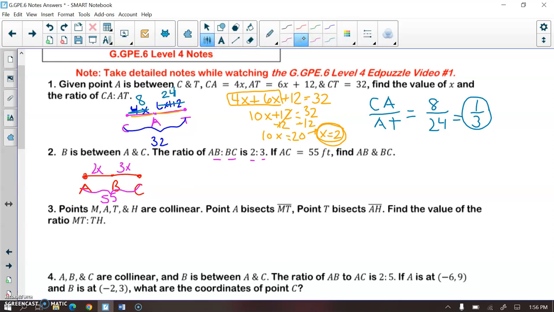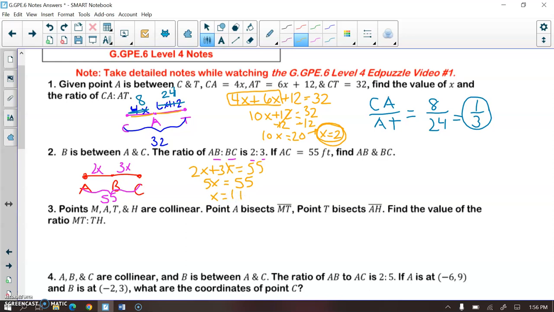So then segment addition postulate, if I take that 2x plus that 3x, it gives me the whole segment, which is 55. Or 2x plus 3x is 5x, and that equals 55. Dividing by 5 on both sides, x comes out to be 11.